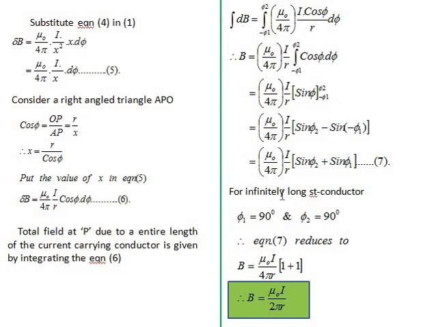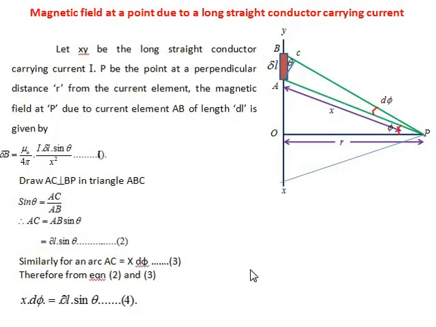For infinitely long straight conductor, here in this case, infinitely long straight conductor in the sense this is a very long straight conductor. In that case, what happens? P becomes very close to this conductor. Therefore, the line BP, that is this line R, becomes parallel to XY.